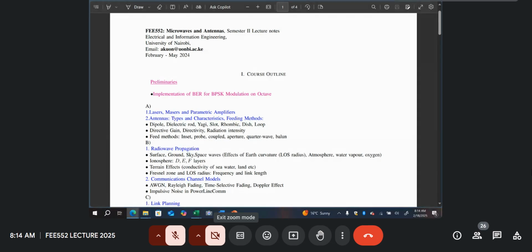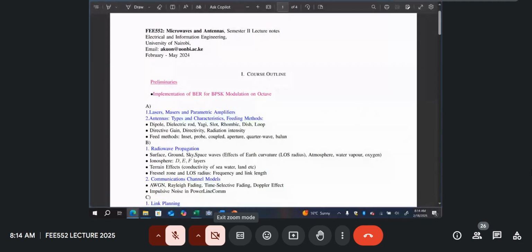And then more about the design of the link. What factors do you consider when you want to design a link or you want to install a communication link somewhere?